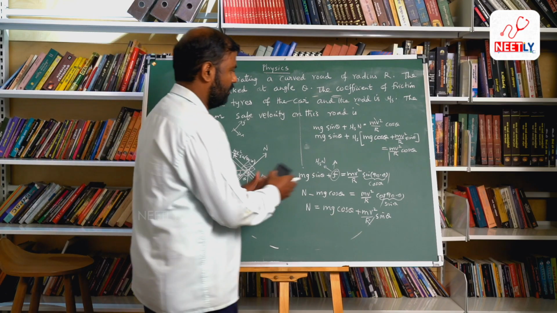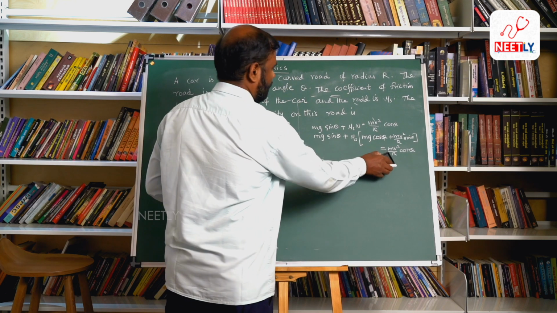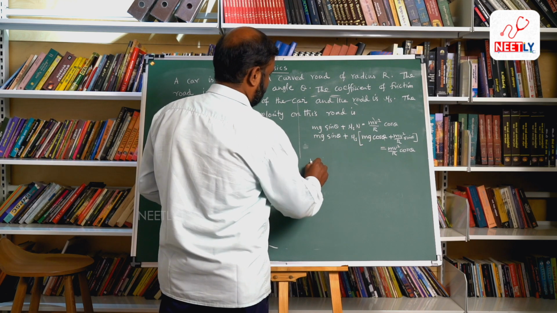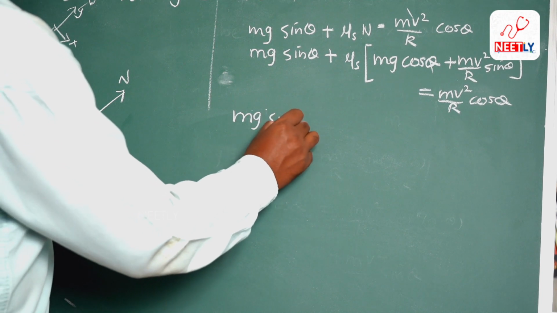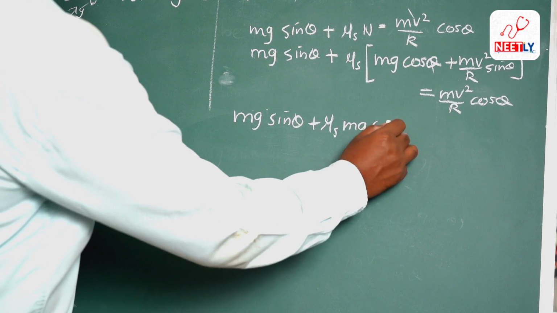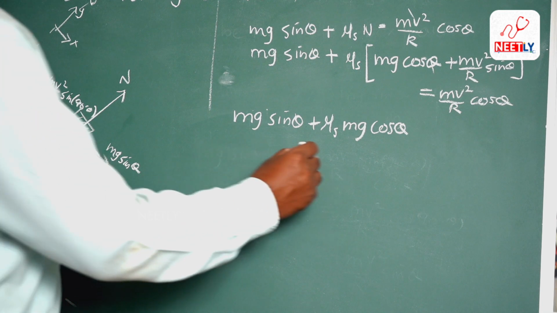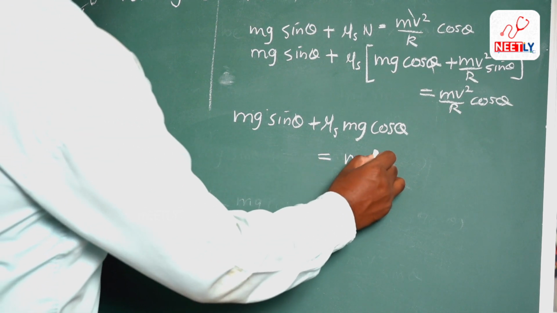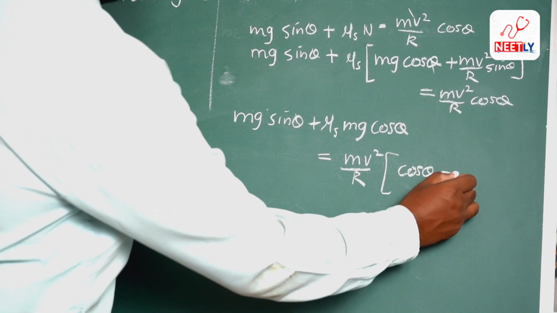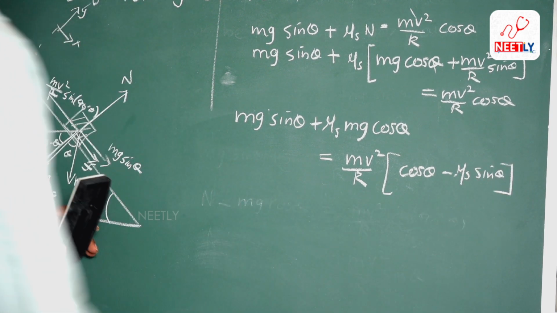Further, we just have to take these two terms from here to there, and we will get the final answer. We want only the safe velocity. Take the mv square terms to the right hand side: mg sin theta plus mu s mg cos theta on one side, and on the other side mv square by r times cos theta minus mu s sin theta.